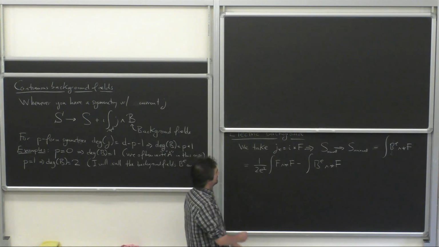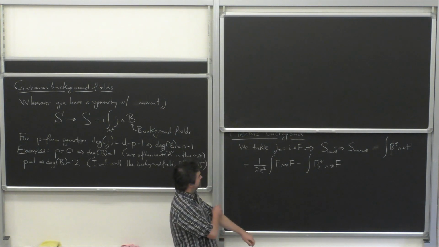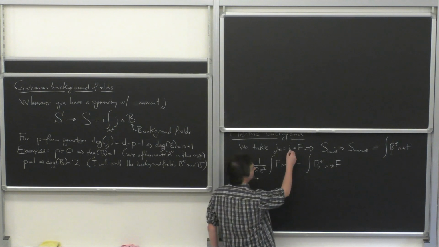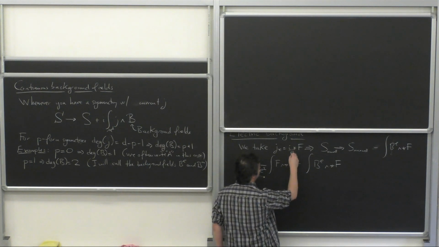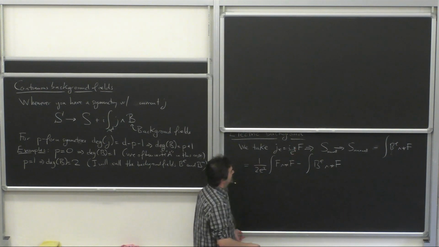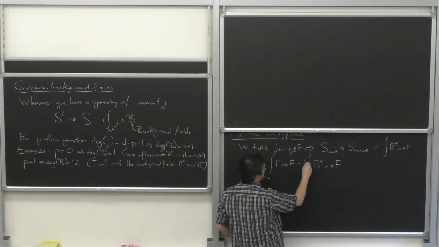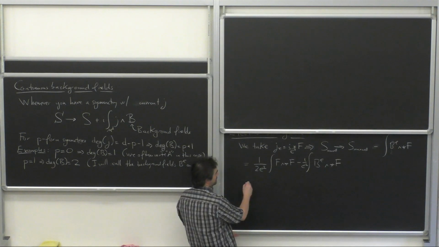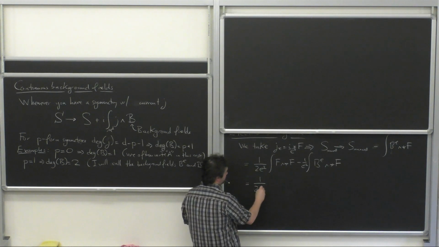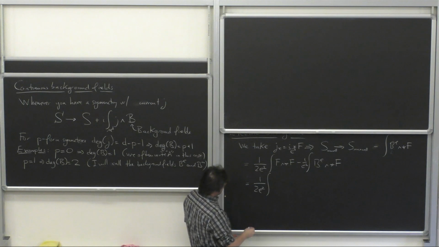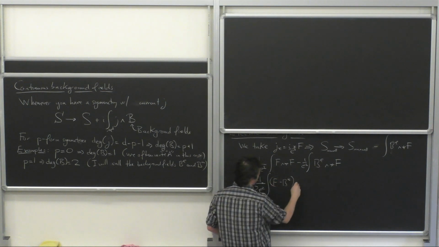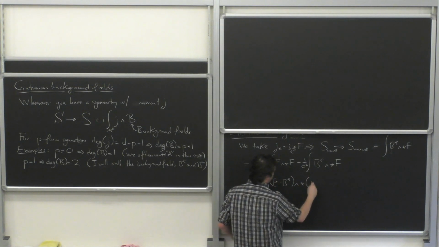And yeah. Okay. I'm going to be a little bit annoying and change conventions at this point. Sorry. I'm going to put an e squared here. And that's because I want to rewrite things in a nice way in a second. And the nice way is this one. 1 over 2e squared integral of (F minus B) wedge star (F minus B).